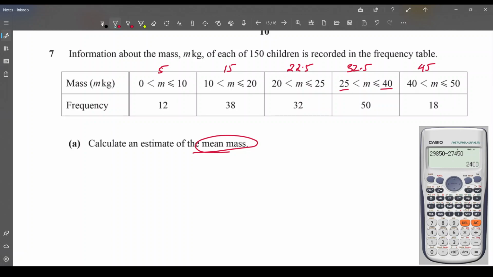Whatever midpoints we got, we are going to multiply with the frequency.